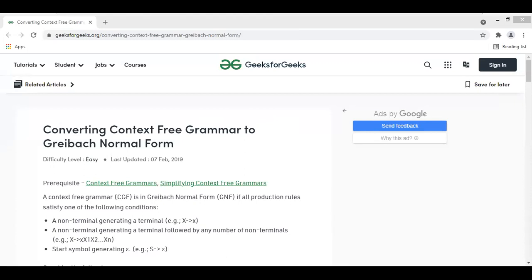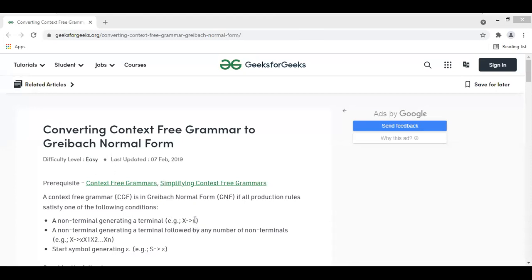A context free grammar is in GNF when all the production rules satisfy one of the following conditions. What are those? This is the syntax of the GNF. Please make a note of this syntax. A non-terminal generating a terminal, that is X tends to x.